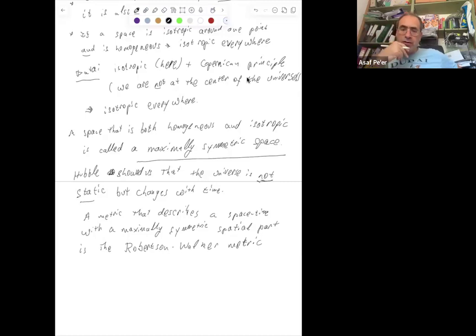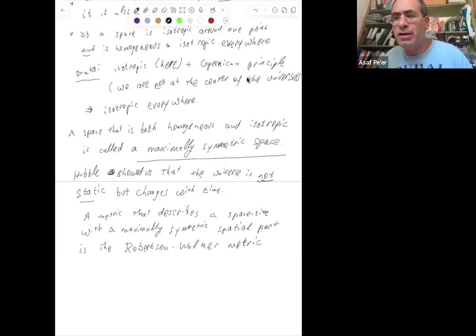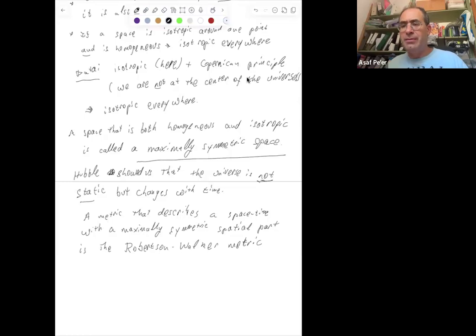Then the result is called the Friedman-Robertson-Walker universe, not metric. The metric is Robertson-Walker. Then we will derive the Friedman-Robertson-Walker universe and study its properties. You'll see it will lead us to the concept of the Big Bang and Hubble's law and other things that you have heard, but likely never learned properly.